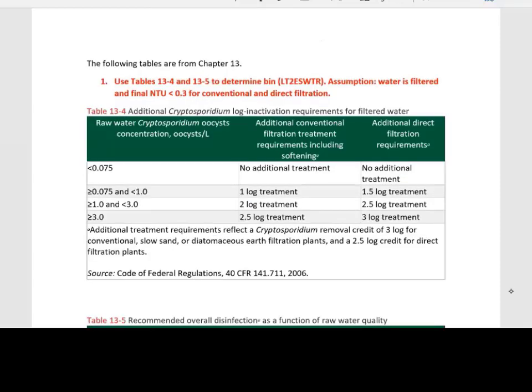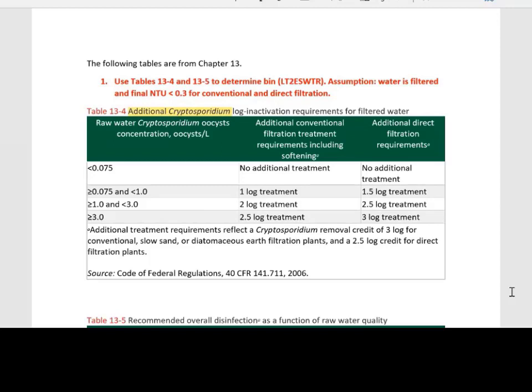So the next thing we need to do is we need to determine what CTs are required, or what log removals are required based on the situation we have. We start out with Cryptosporidium.